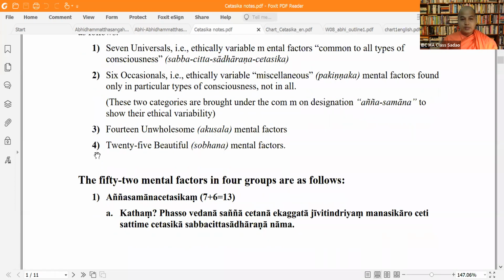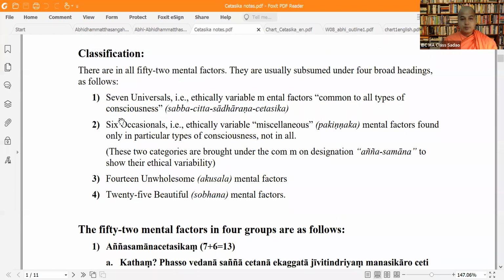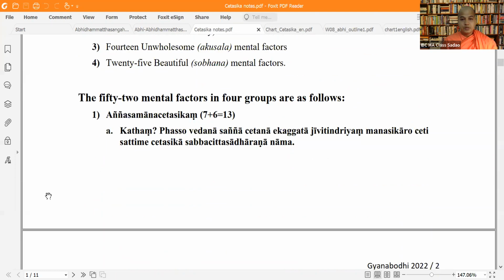So this third category is called unwholesome mental factors. There are 14 in number, and the last category has 25 beautiful mental factors. So if you count 7 plus 6 plus 14 plus 25, altogether 52. But what are these 52 Chetasikas?